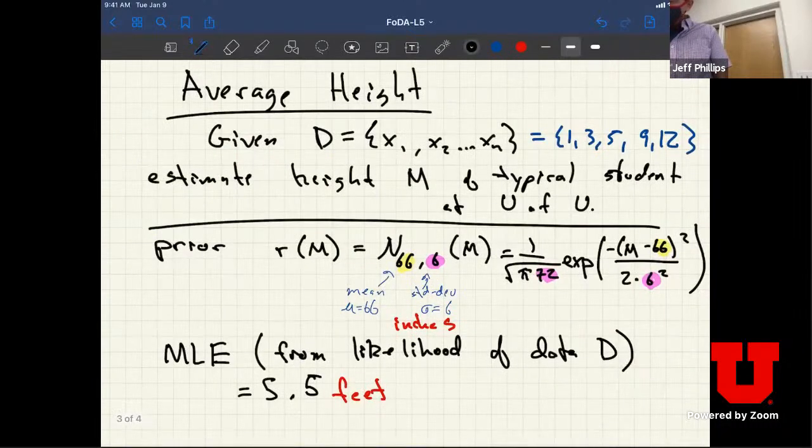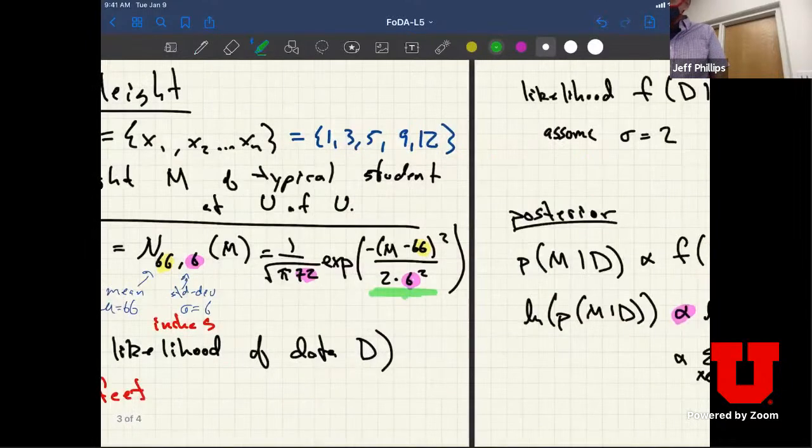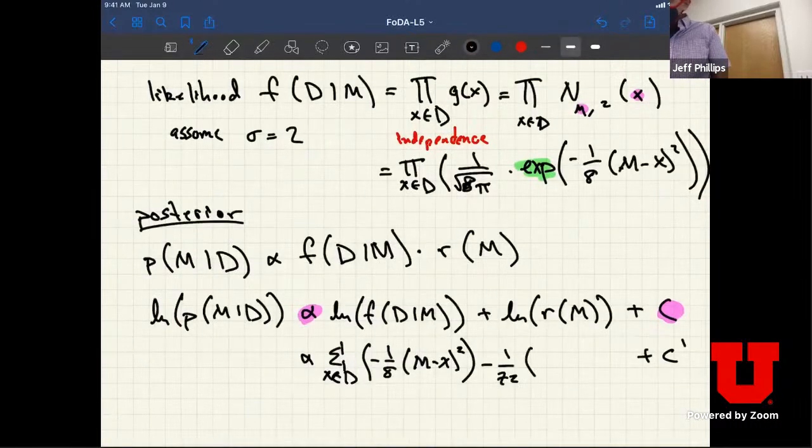Remember, this came from this term down here: this is 6 squared, 36 times 2 is 72, right? So that's the 1/72 times m minus 66 squared.